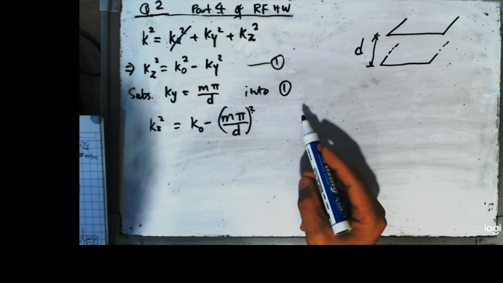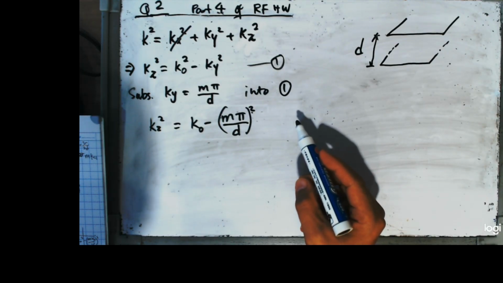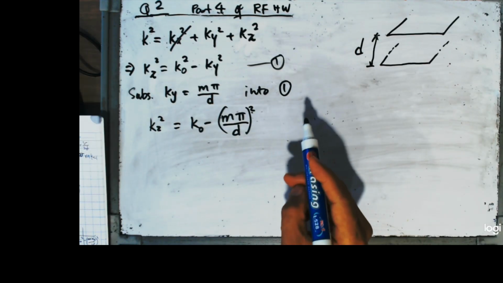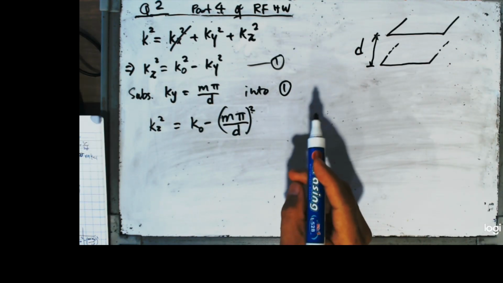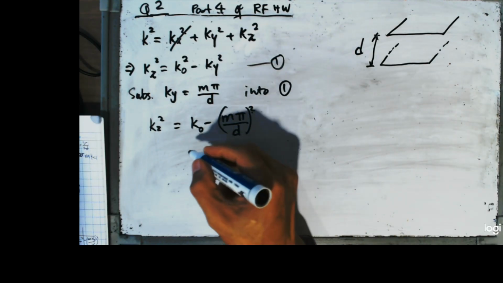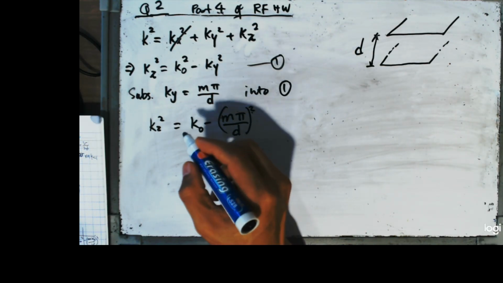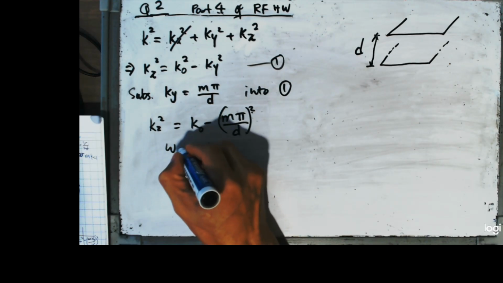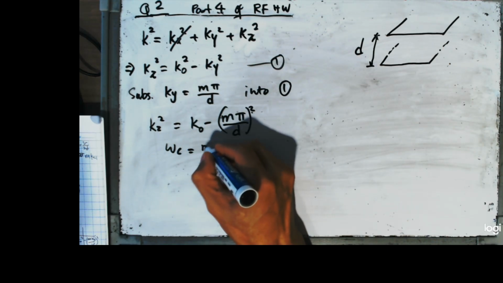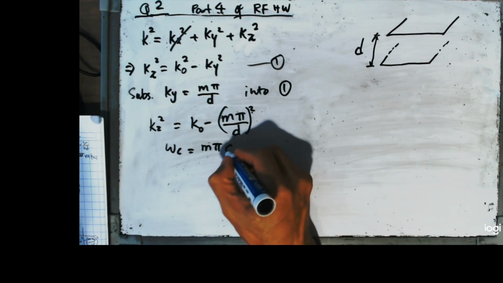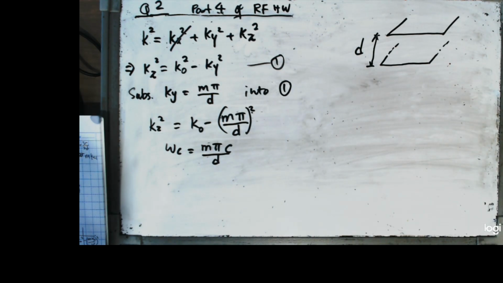Now we need to work out the cutoff frequency. The cutoff frequency is equal to m pi c over d. This is the cutoff.